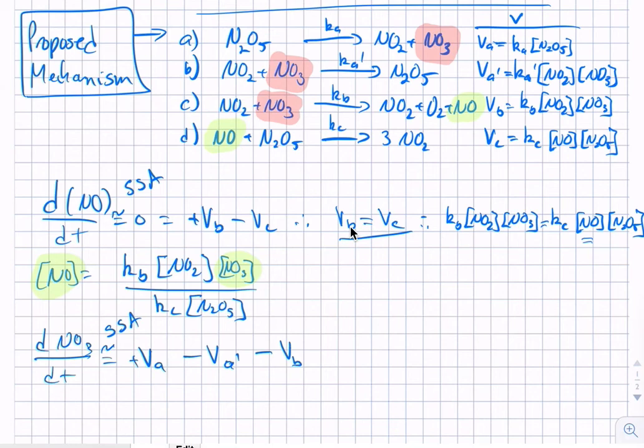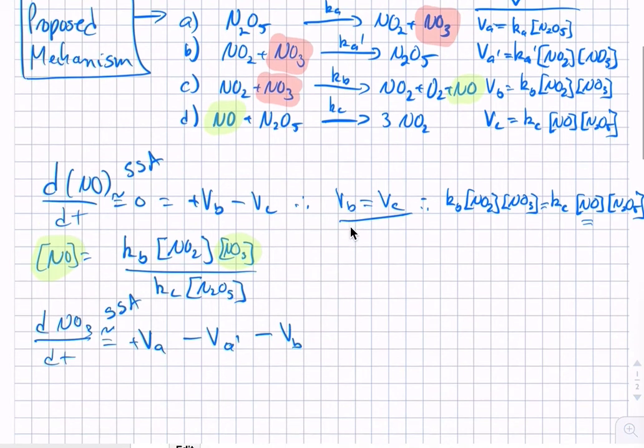So what we can do then is substitute the values, or relationships, for VA, VA prime, and VB into that equation, and solve that for NO3 and see if we can solve that uniquely without having other intermediates in it.